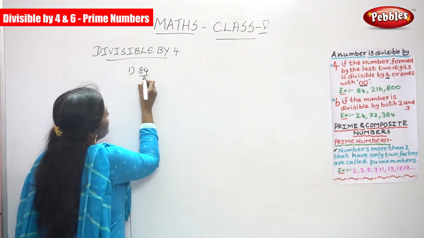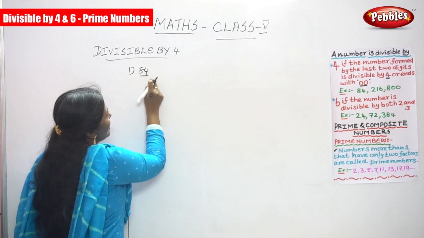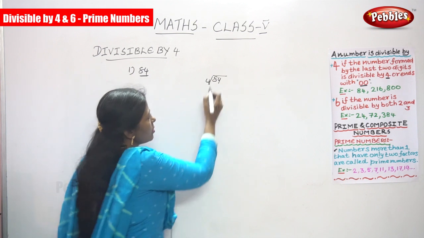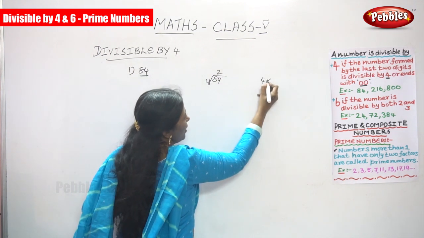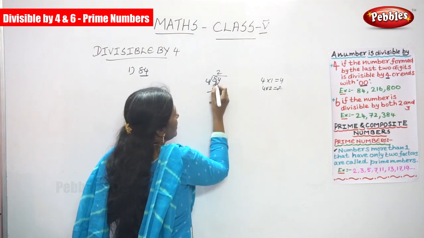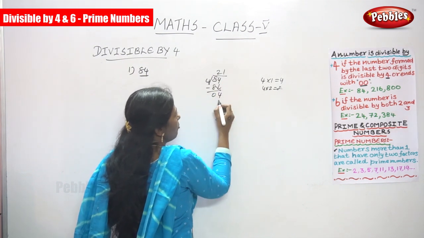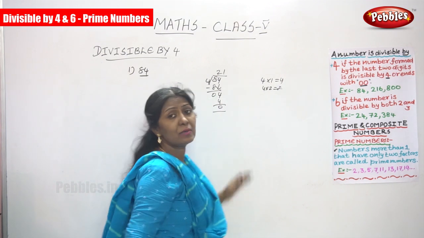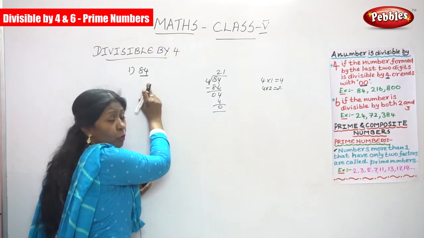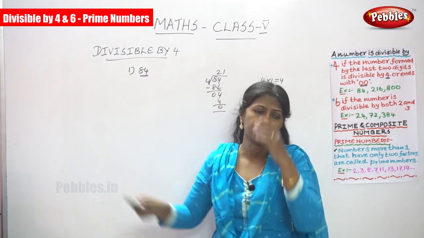We have to check whether this is divisible by 4 or not. 84 divided by 4: 4 twos are 8, 8 minus 8 gives 0. Then bring down 4. 4 ones are 4. The remainder is 0. So the remainder must always be 0. So the last two digits are divisible by 4, and this number is divisible by 4.